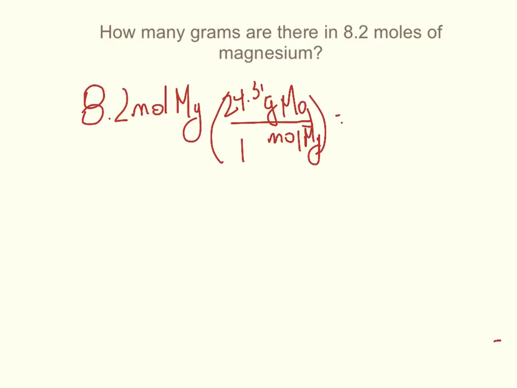And so then when I do my math, I'm going to do 8.2 times this 24.31, and what I'm going to end up with is like 199 point something on the calculator. But when I look back at my 2 sig figs, I'm going to have to round that 199 to 200. But I want to make sure that this one is significant, so I'm going to put a line over it. And of course, my units are going to be grams of Mg.